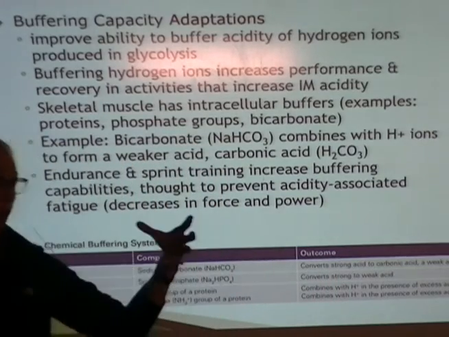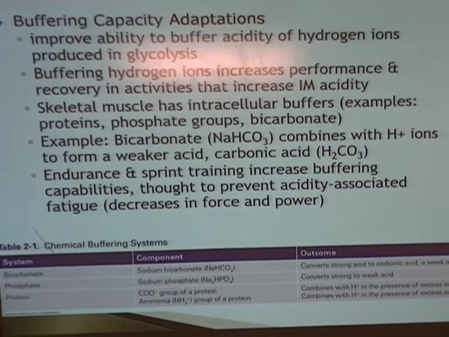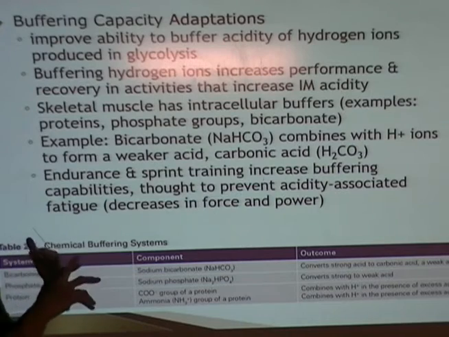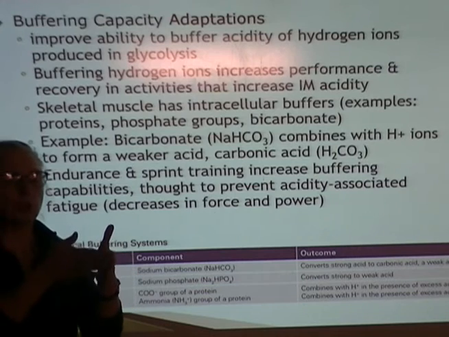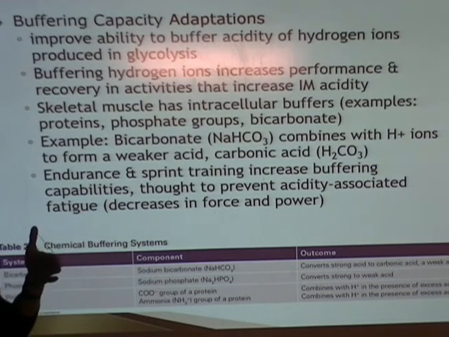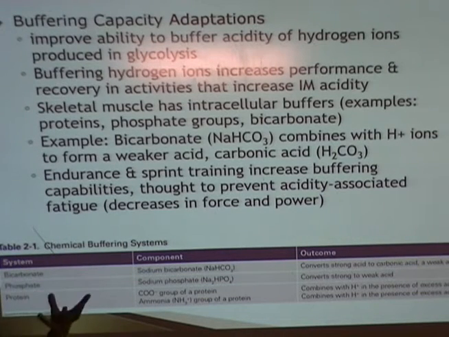It's a lot of baking soda, okay? And then people get cramping and diarrhea and all kinds of side effects.